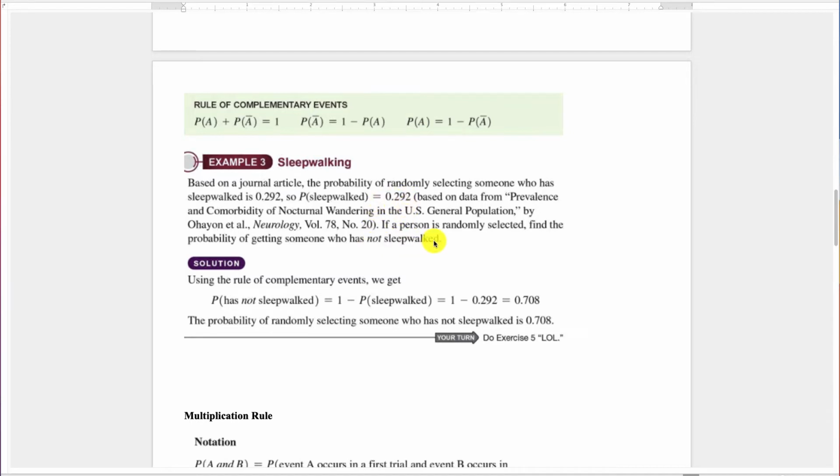Not sleepwalked. Well, they have to add up to 1. So you're just going to take 1 minus 0.292. The probability someone has not sleepwalked is 1 minus the probability someone has sleepwalked, which is 0.708. So you don't really need this if you just understand that the complement of each other and the probability of the complement add up to 1, you can find that.